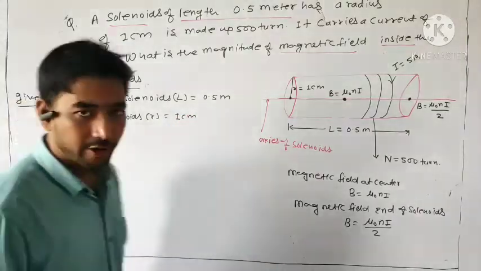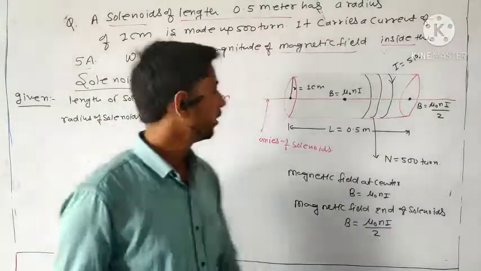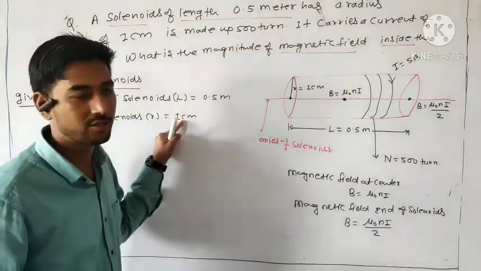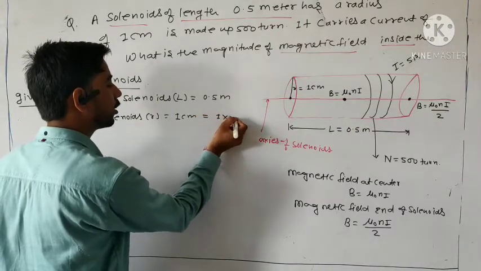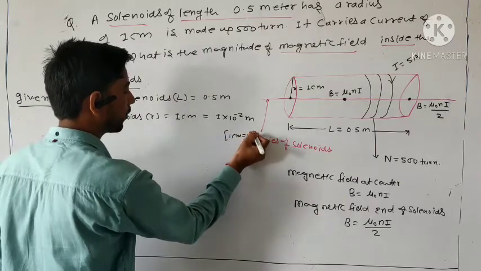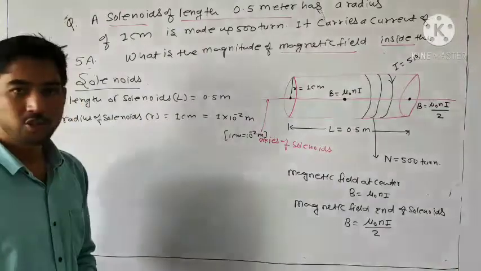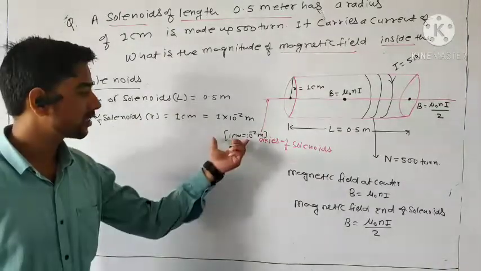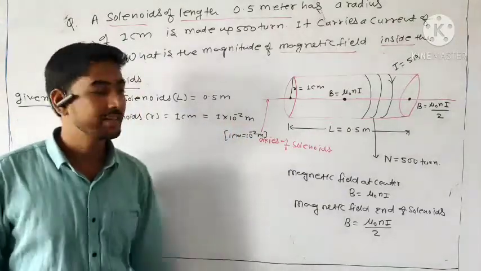One thing always remember, to solve any numerical question, you have to solve in SI units. So centimeter is a CGS unit, so convert into SI unit. Then 1 into 10 to the power minus 2 meter, because 1 centimeter is equal to 10 to the power minus 2 meter. Always remember, in any question we have to solve in the SI system. So centimeter is CGS, you have to convert into the SI system.